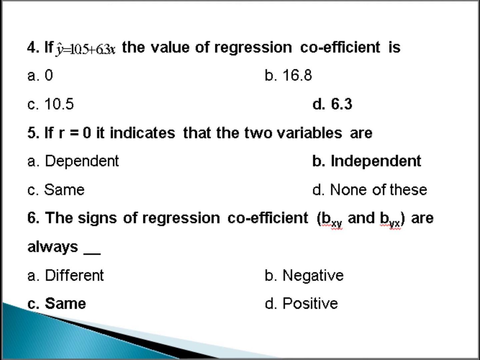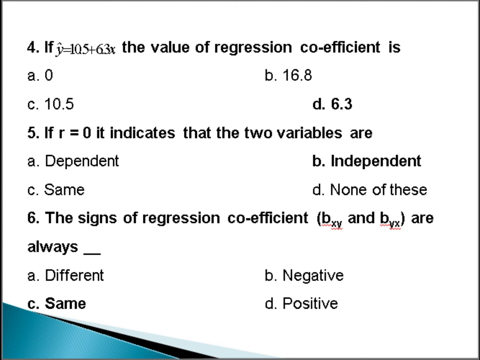Statement number 5. If r is equals to 0, it indicates that the two variables are option A dependent, option B independent, option C same, option D none of these. The true option is B, independent, because when there is no relation, then r is equals to 0 and variables are independent.